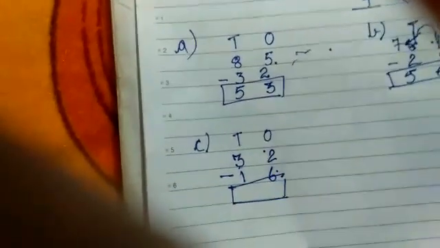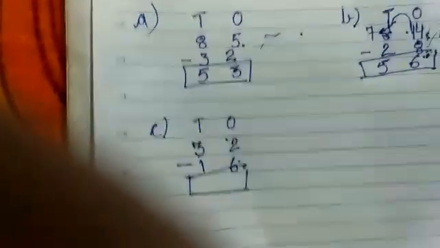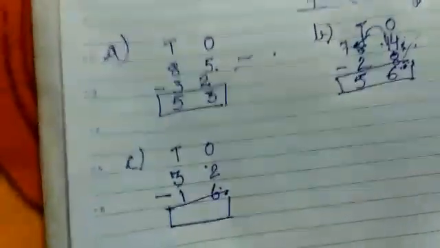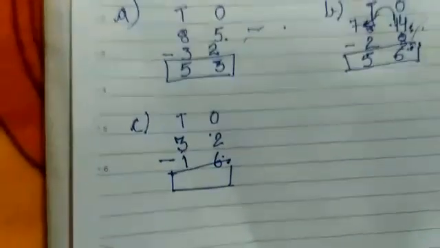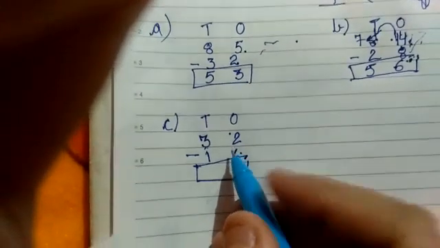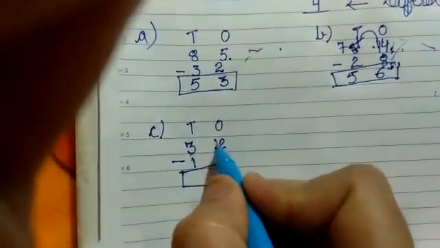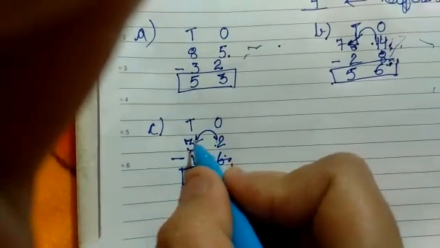Children, whenever we want something, we take help from our neighbor. Yes, we go to our neighbor and take help from our neighbor. So here also the numbers will take the help of nearest neighbor. So 2 will knock the door of 3. Knock knock.